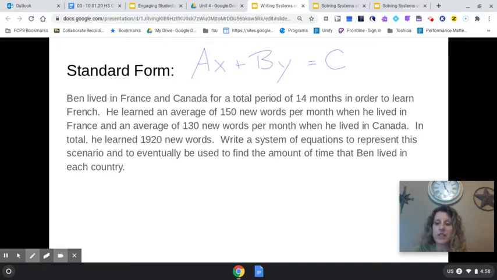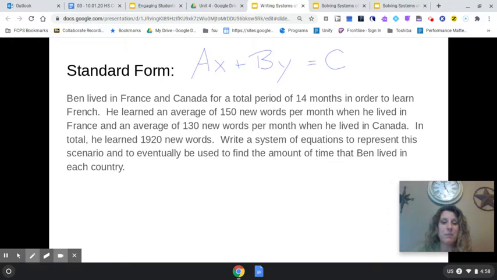So we know that standard form uses the variables x and y. However, when we're writing equations from word problems, it's sometimes useful to pick different variables that are more aligned with the words in the problem or what we're solving for in the problem. This asks us to eventually solve for the amount of time that Ben lived in each country.